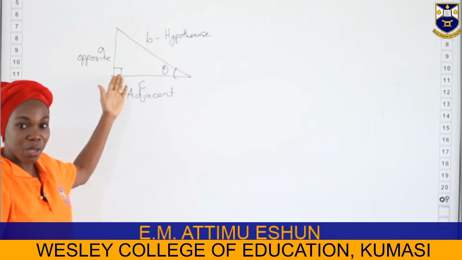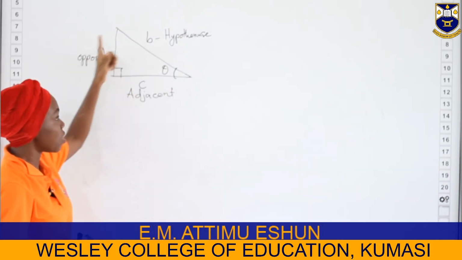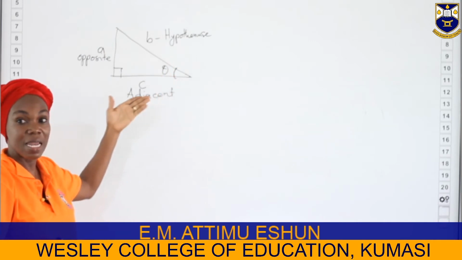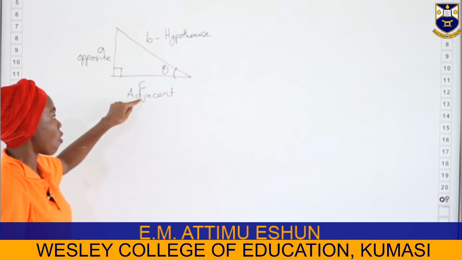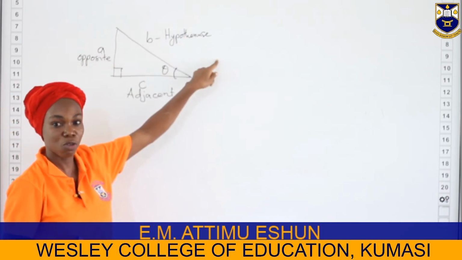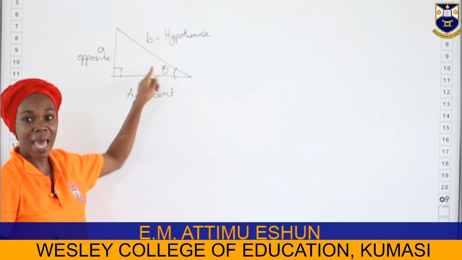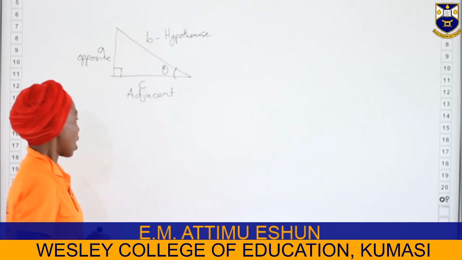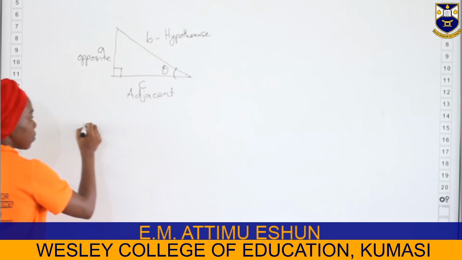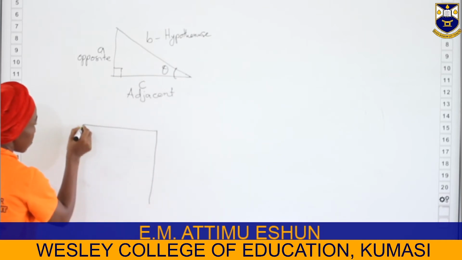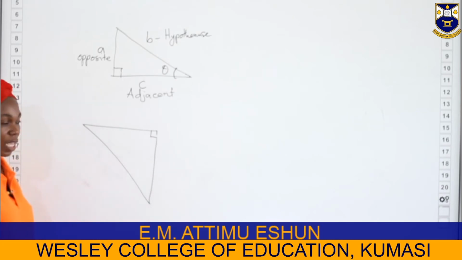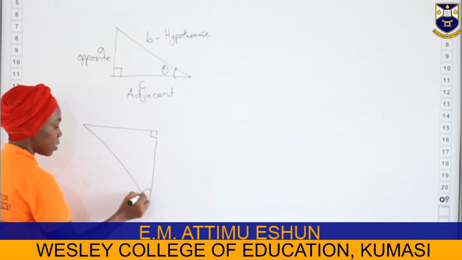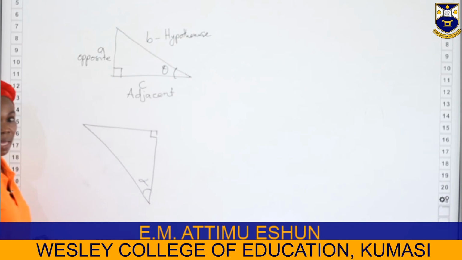So here we are with our right angle triangle. We have 3 sides, and all the sides have been labeled or named accordingly. And remember, the names of the other 2, apart from the hypotenuse side, are based on the angle of reference. And so if we have another right angle triangle for that matter, and our angle of reference is here, alpha, can we name the sides of that triangle?